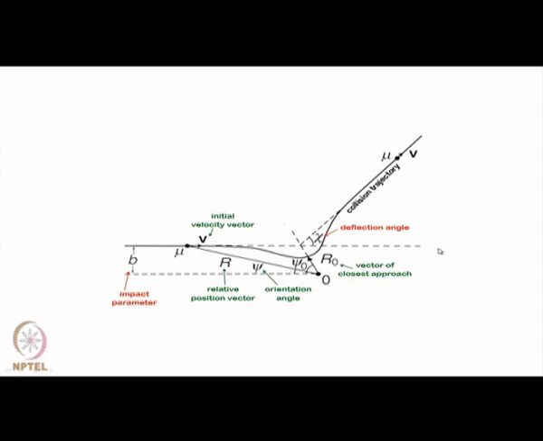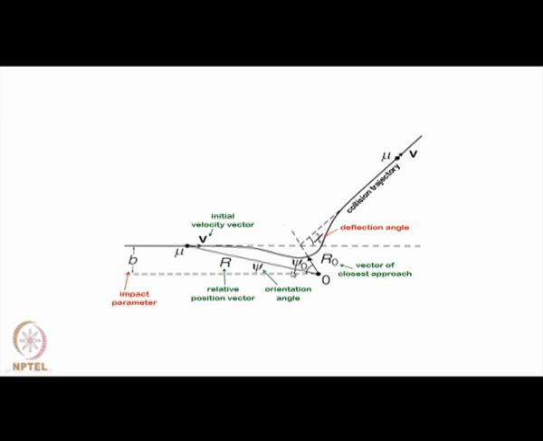Now, what does this mean? Let us try to see. This is the collision trajectory in the center of mass system. This solid curve represents a trajectory with initial velocity v and impact parameter b, and this is the relative separation r, which is a function of t, uniquely defined in terms of the distance r and the orientation angle psi.